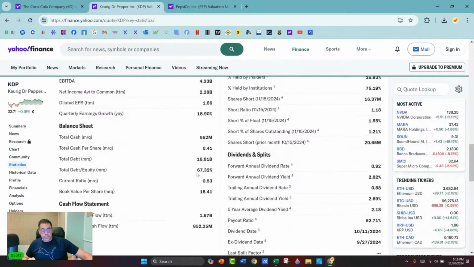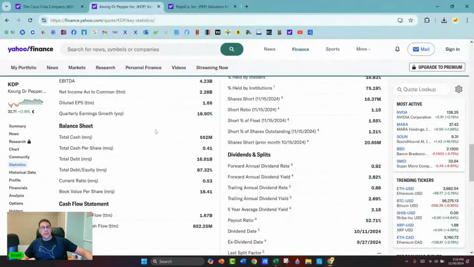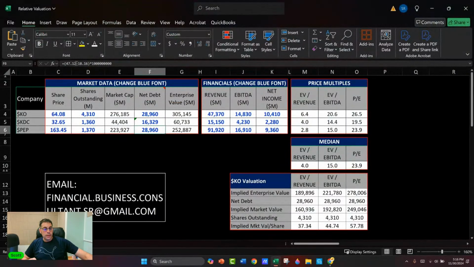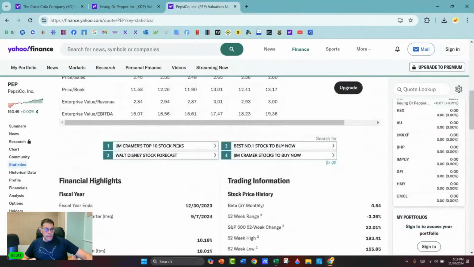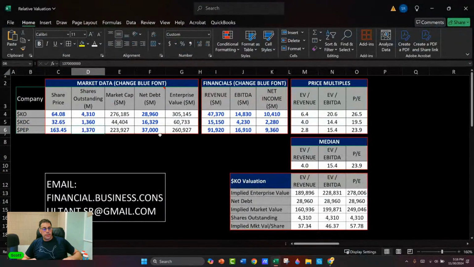Dr. Pepper 16.8 minus 552. I remember typing that in. Maybe I swapped Coke and Pepsi. That's what I did. I wrote Coke's net debt in Pepsi and vice versa. I mean, that would be important if you're actually valuing these. 45 minus 8. I guess I should double check all my numbers. 163, 224. Yeah.